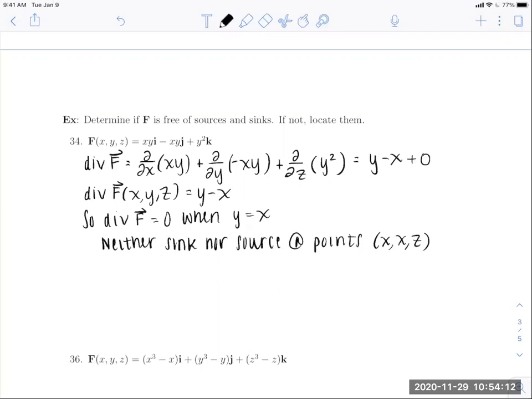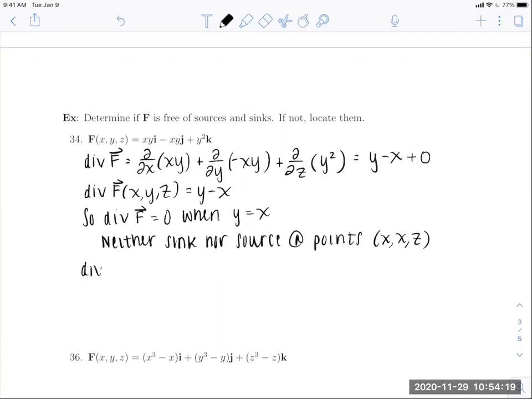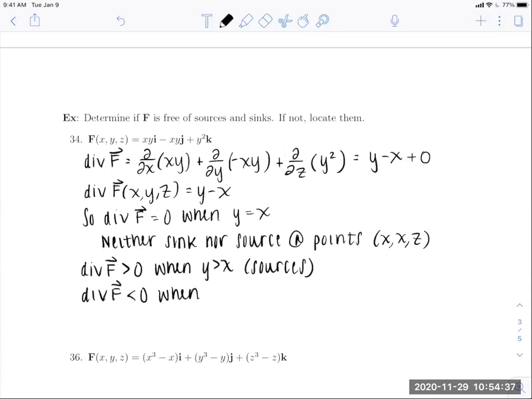But if we have points other than that, they are either sinks or sources. I'll note here that the divergence of F is going to be positive when y is greater than x, and these are going to be sources, and the divergence of F is negative when x is greater than y, in which case we call these sinks.